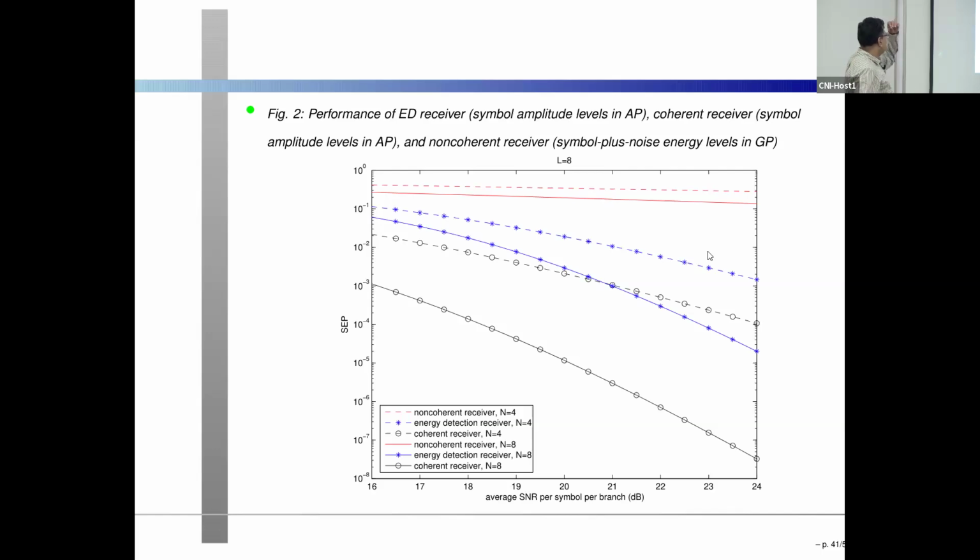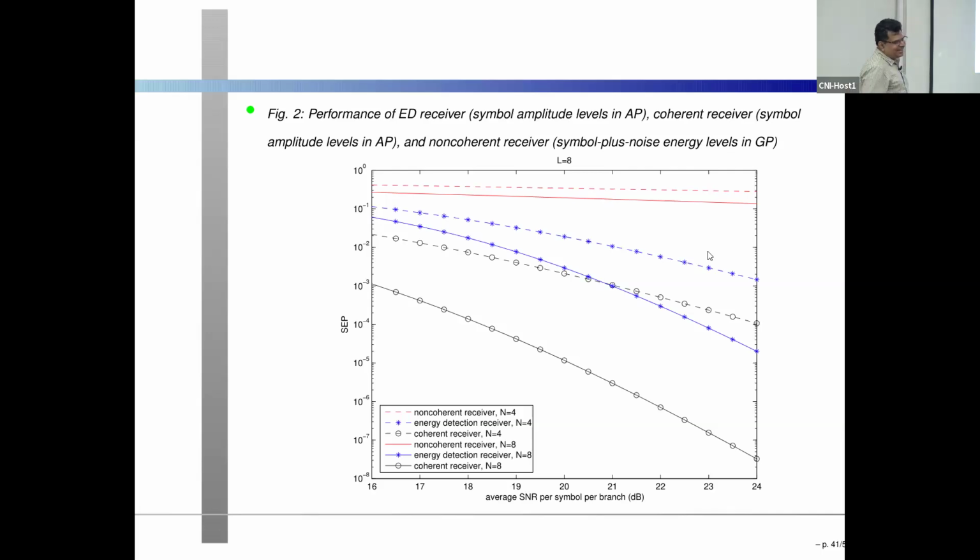The moment you compare with the coherent receiver, obviously everything looks bad. But see, this is the non-coherent, this is the partially non-coherent, and this is the coherent. As SNR increases, this is much closer to this because this also has a falling curve, unlike this one, because here we know the diversity order is n by L minus 1, and this is for L equal to 8, sorry.